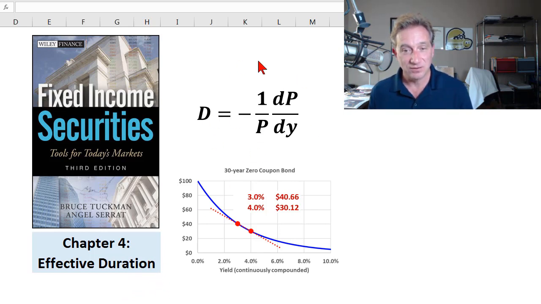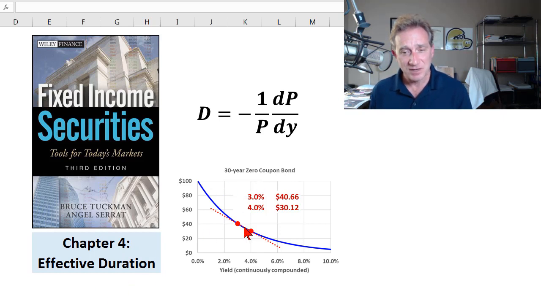In either case, we're trying to get to duration, which is a function of the dollar duration, which itself is the slope of a tangent line, or if we can't get it analytically, we're going to get the slope of the very nearby secant line by retrieving the price at 2 points on the price yield curve, and that's the approach that is called effective duration.